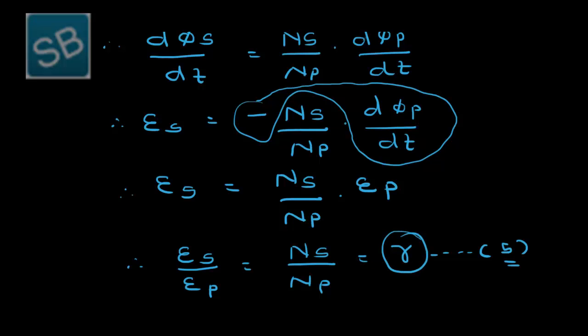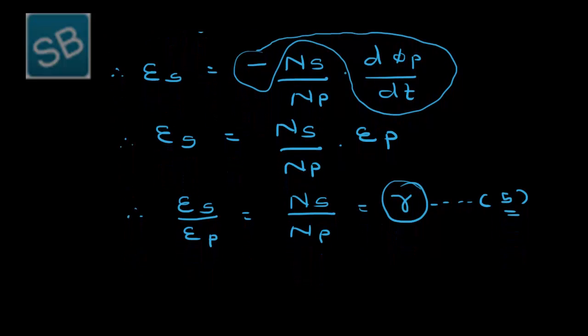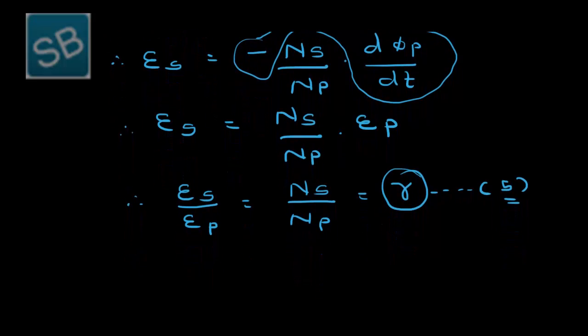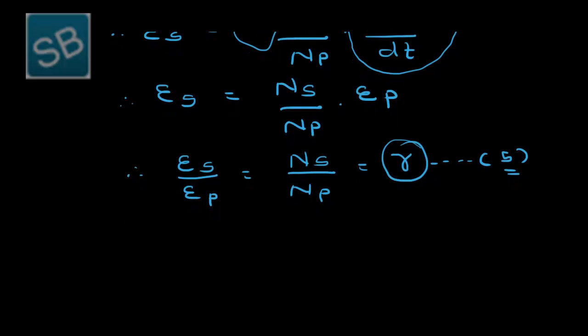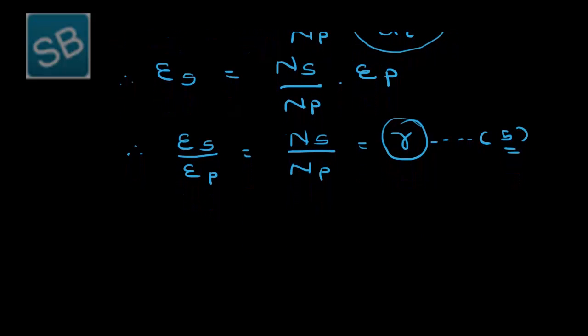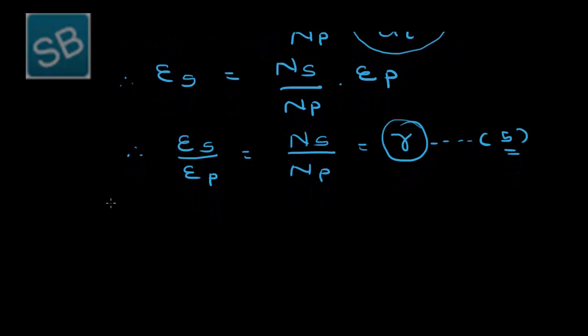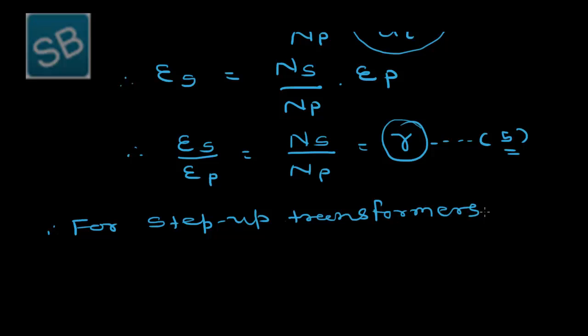For a step-up transformer, the number of turns in the secondary coil is larger than the number of turns in the primary coil. Therefore, in a step-up transformer, r will always be greater than 1.